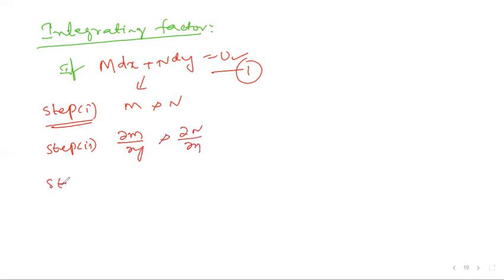In step 3, if del M by del y is not equal to del N by del x, the given differential equation is not exact. Then we observe the differential equation.